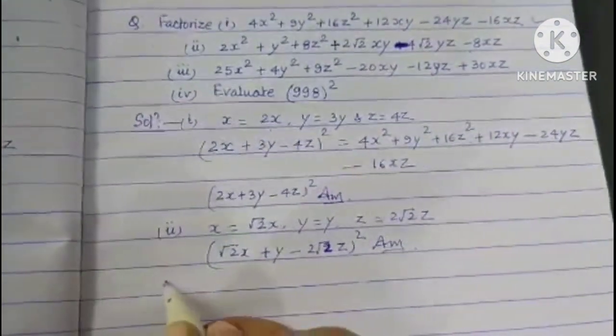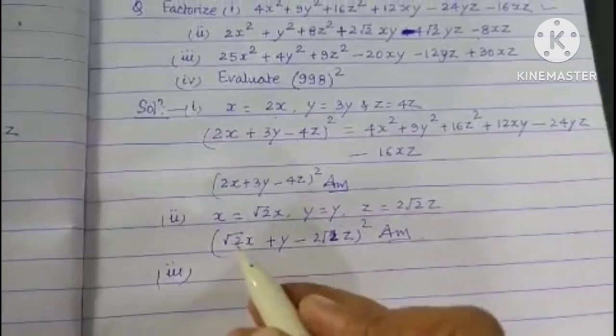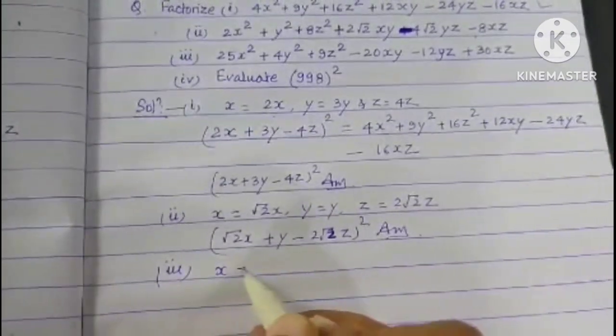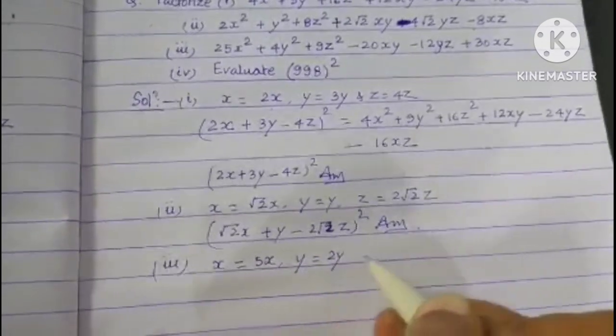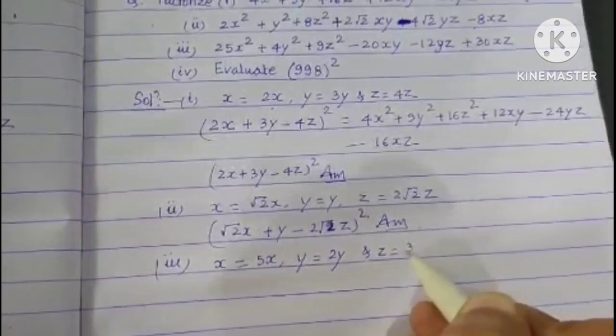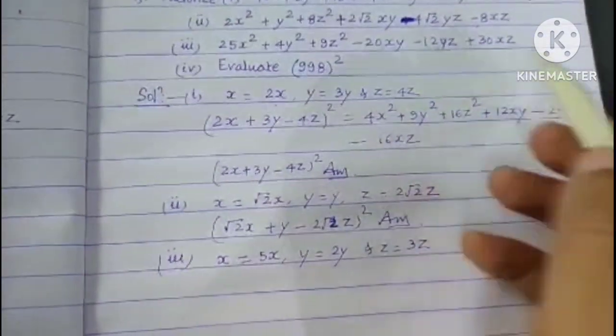Okay, let's see third question. Let us first write what is x, y and z. X equal to 5x, y equal to 2y, and z equal to 3z. And we have minus, minus and plus here.